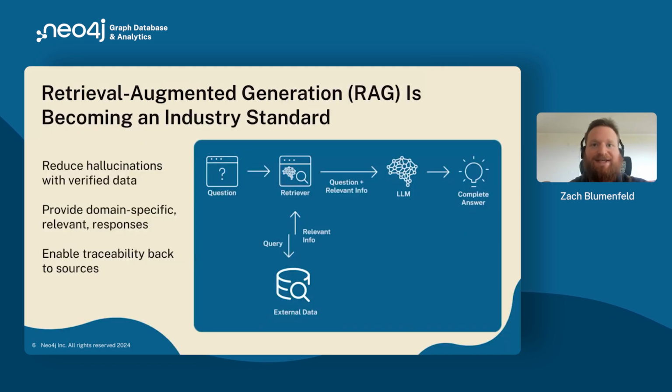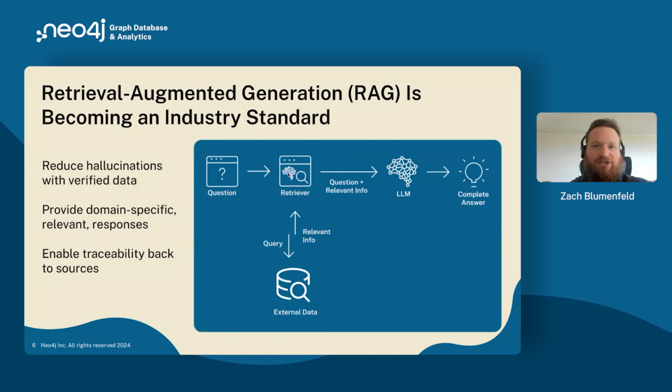So there's this thing that has started to become more standardized, which is retrieval augmented generation, or RAG, which many of you are probably already familiar with. The idea behind RAG is that instead of a user or some service communicating directly with a language model and getting a response back, it instead is going to communicate with this retriever.